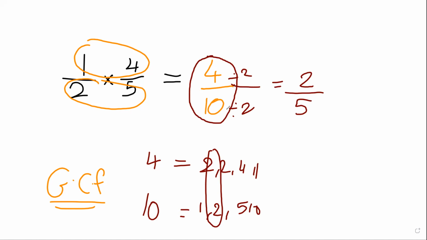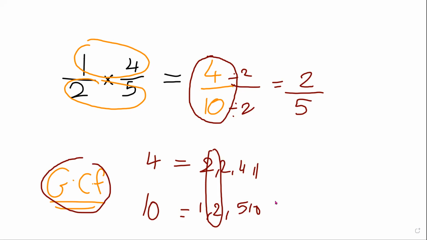In multiplying, in simplifying, in converting from decimal to fraction, you have to simplify the fractions. So here 4/10, I want to simplify it. How? By dividing both by 2. Why 2? Because the greatest common factor of 4 and 10 is 2.